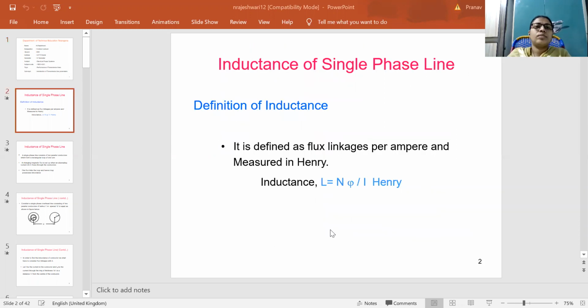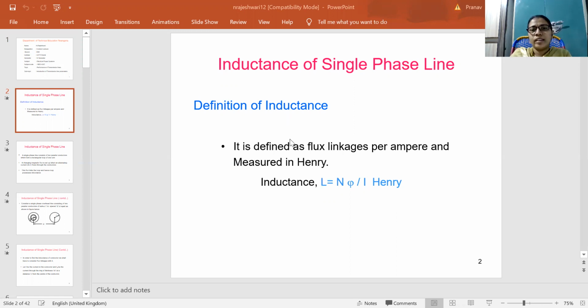Coming to the first one, inductance is one of the parameters which affects the transmission line voltages. So, inductance in a single phase transmission line. What is the definition of inductance?